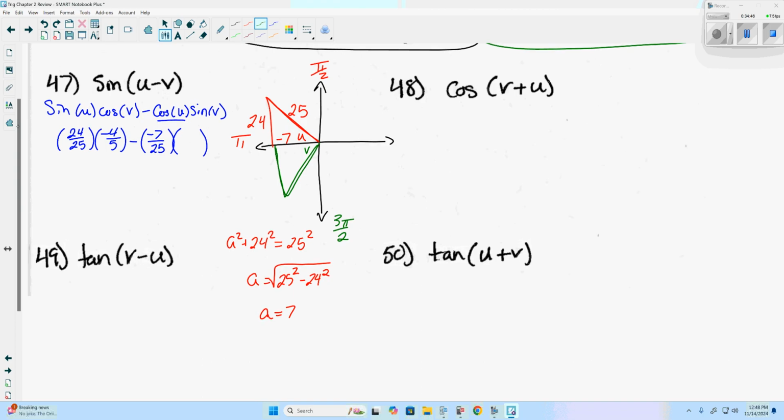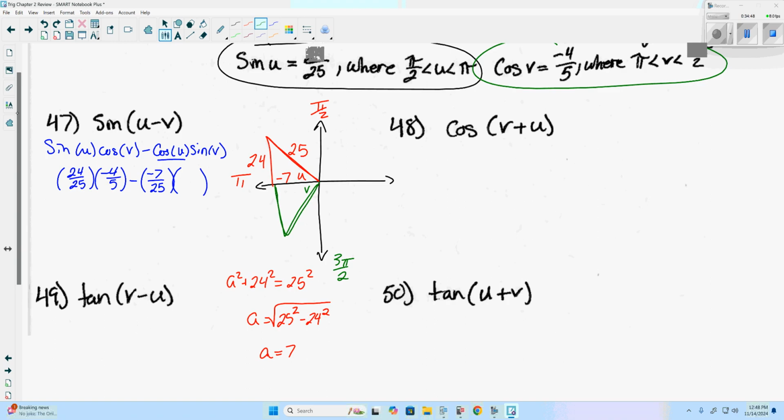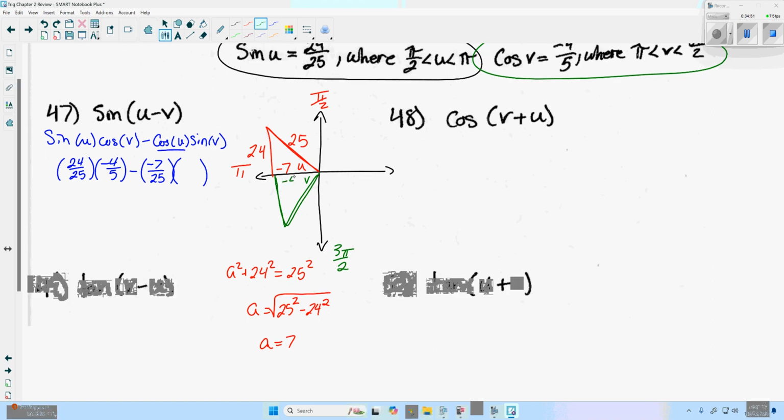Now, we're told that cosine of V is negative 4/5, adjacent over the hypotenuse. And we actually know what the other side of this triangle is. It should be 3, and since we're in the negative y-axis, it will be negative 3, because it's our 3, 4, 5 right triangle. Does that make sense? The 5 would be positive.